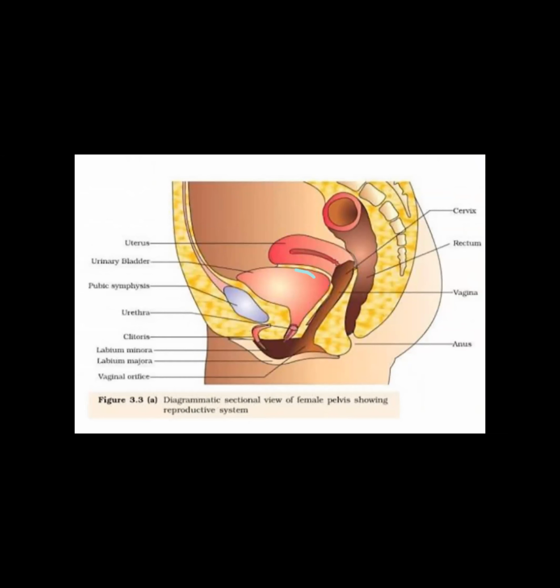This is, by the way, the urinary bladder, and the ureter. Then this particular part is termed the female external genitalia.